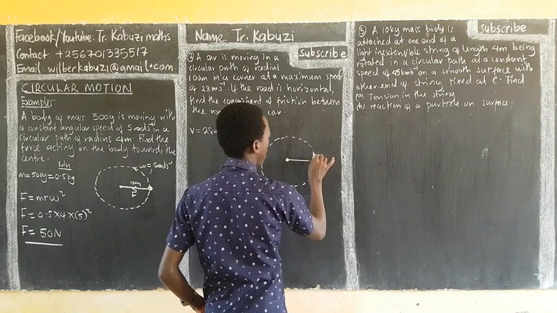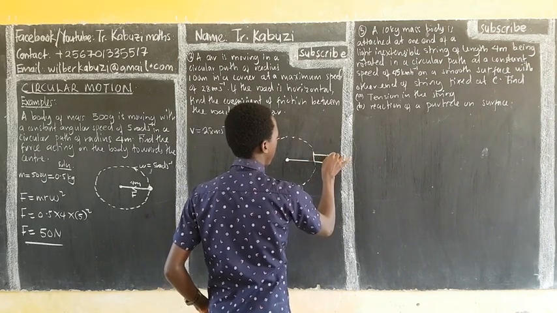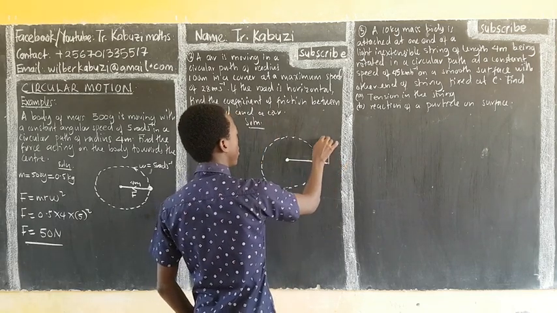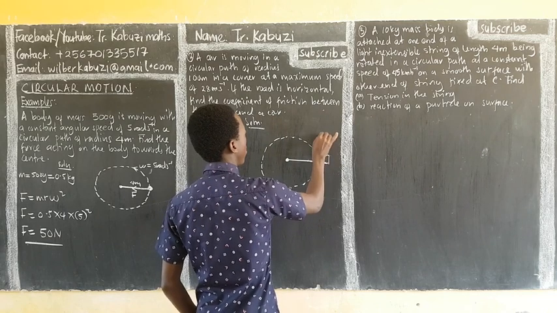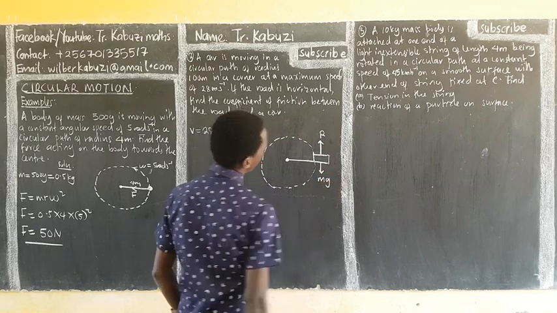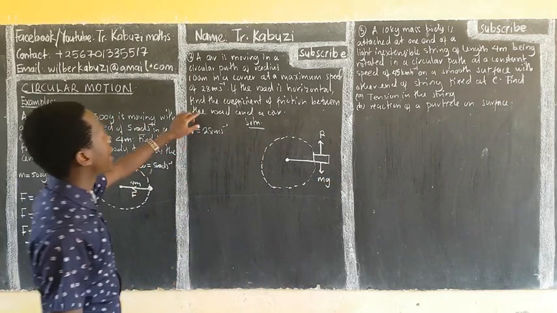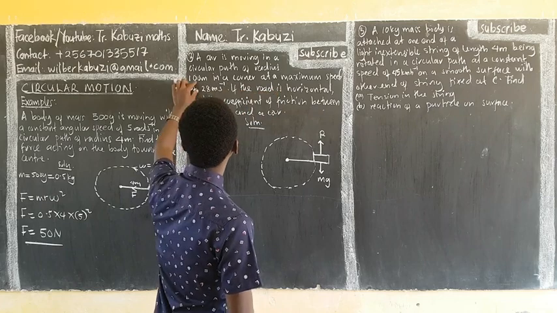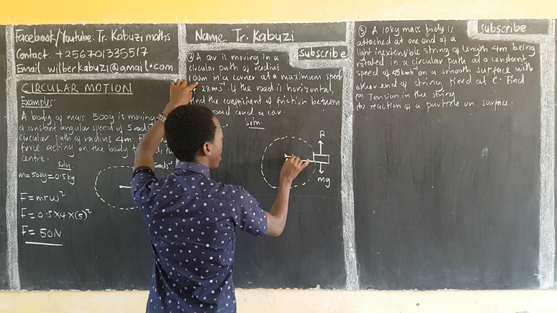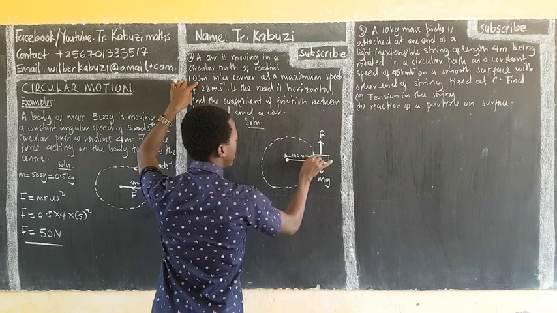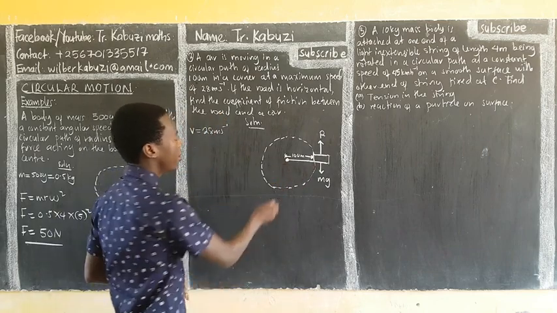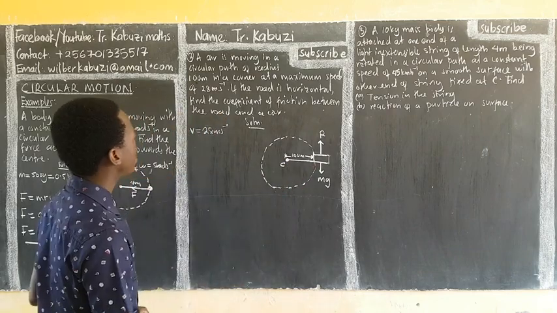Of course, this car, because it has weight, is going to have the reaction from the road, R, and then a weight of mg. The radius is 100 meters. So this is the path it's making, from a certain center, which we are going to call the center of our circle.